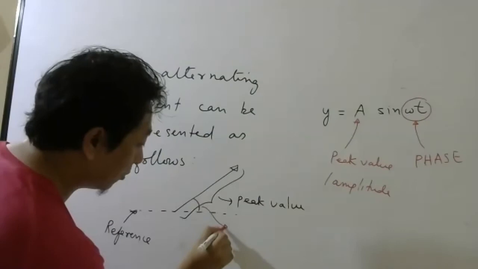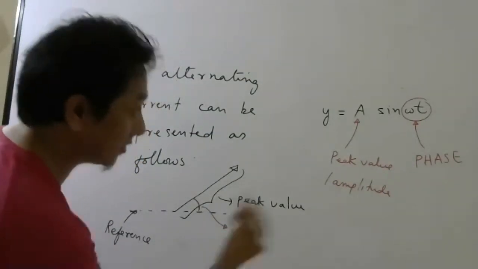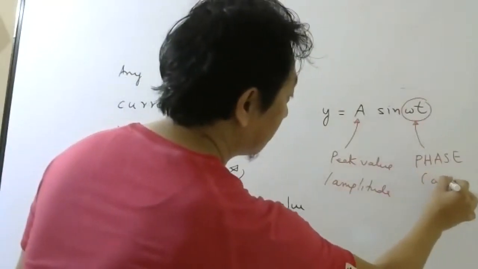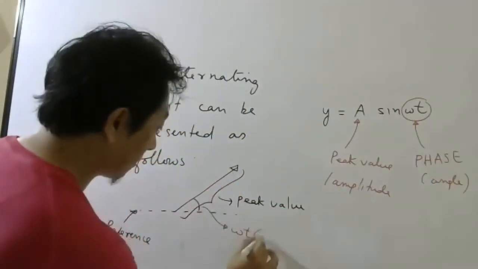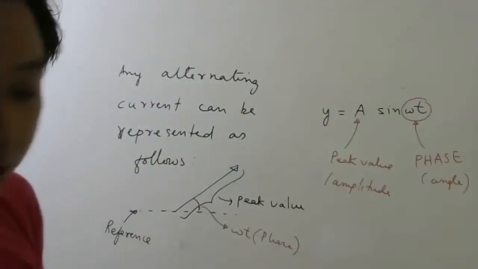Phase, which is omega t. It is an angle only, no?